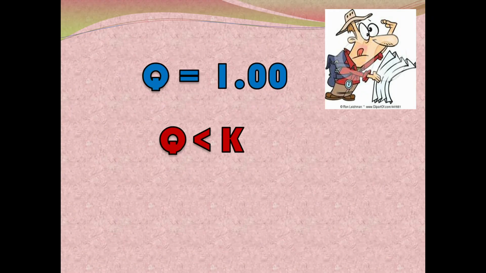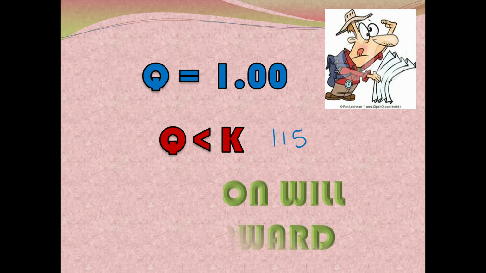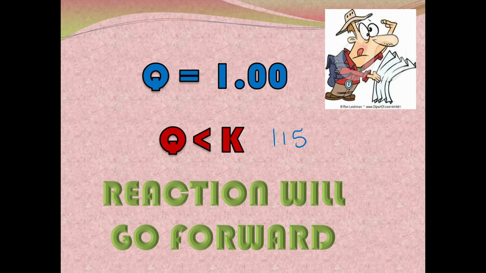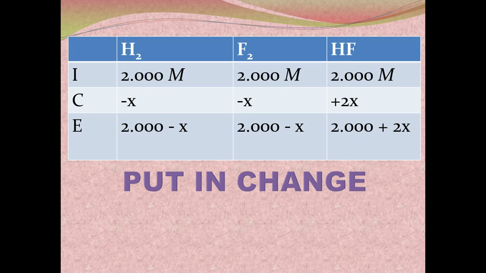1 is less than 115. So the reaction is going to go forward. That means I'm going to put my plus x's on the product side and my minus x's on the reactant side. So I put plus x, except that the balanced equation is H2 plus F2 goes to 2HF.